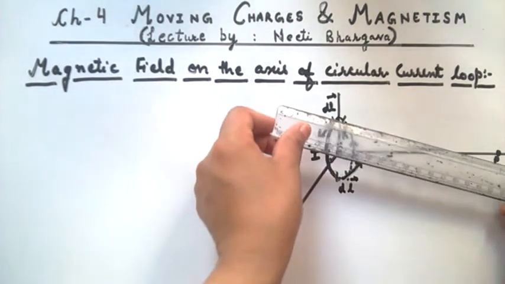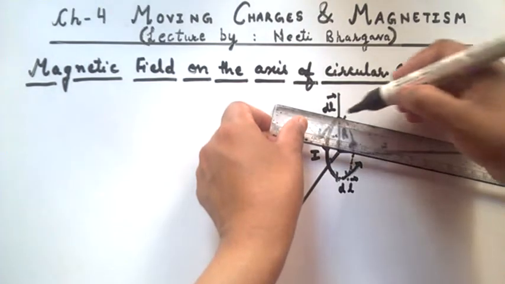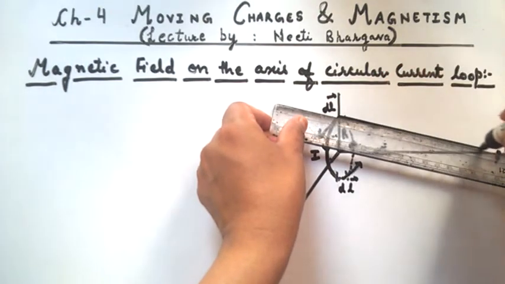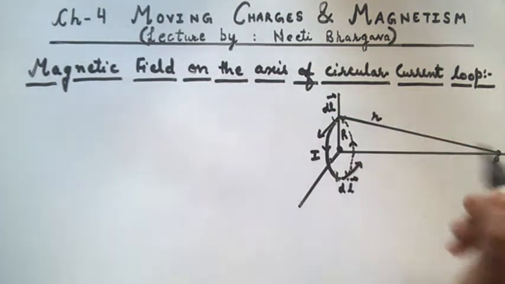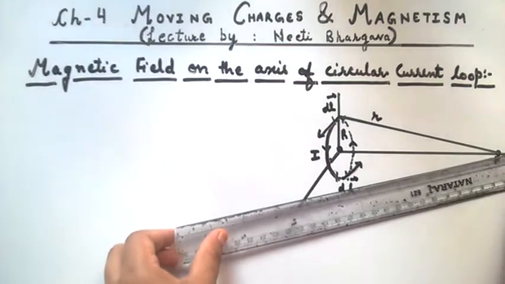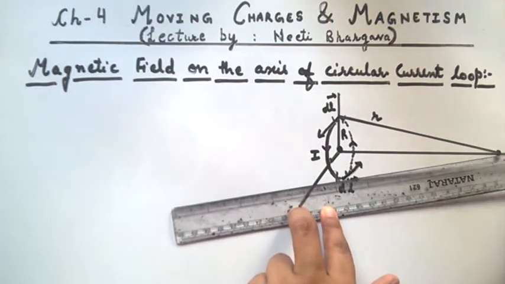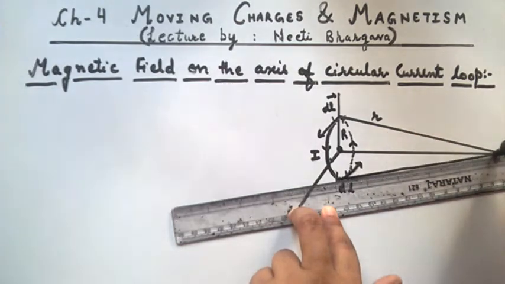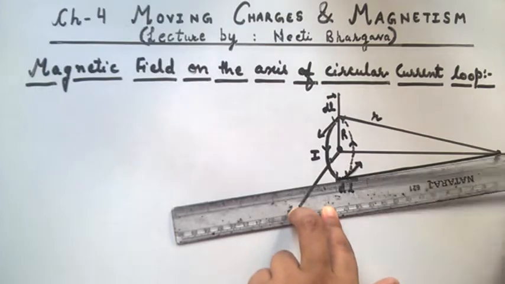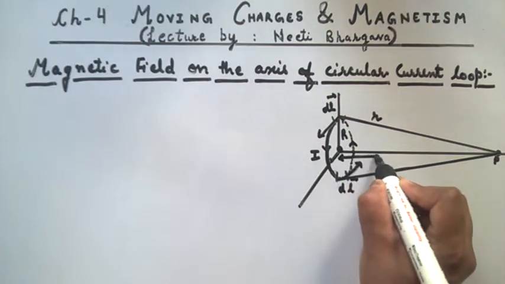And the position vector from dl to point P is r. The distance from the center to point P is, let, x.